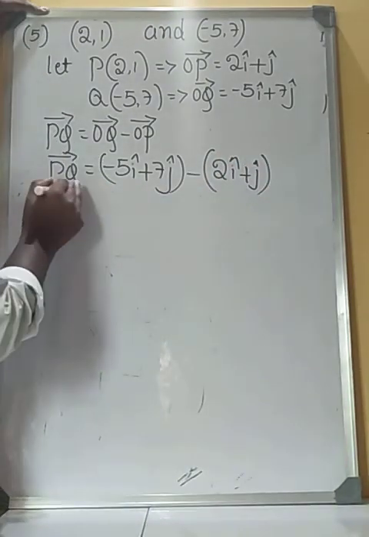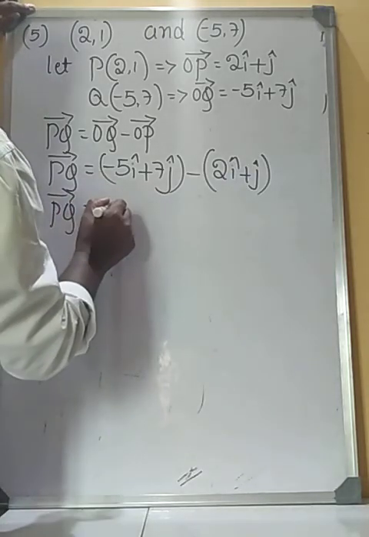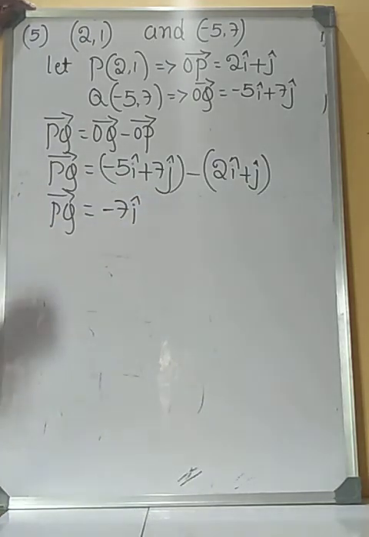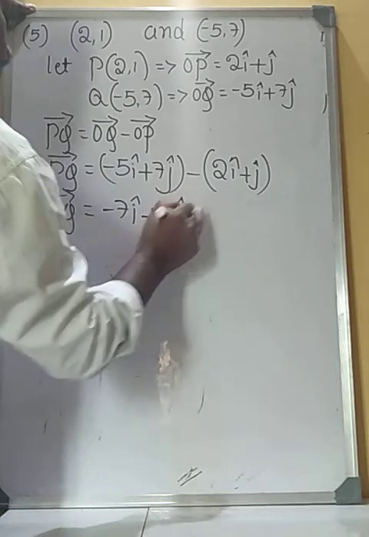Therefore PQ is equal to -5i minus 2i, which is -7i, plus 7j minus j, which is plus 6j.